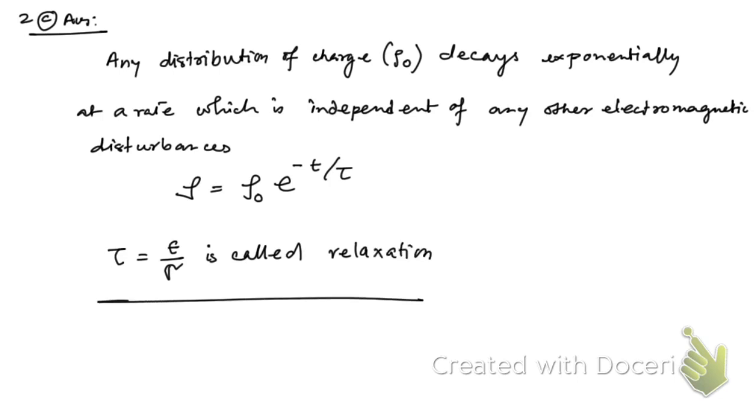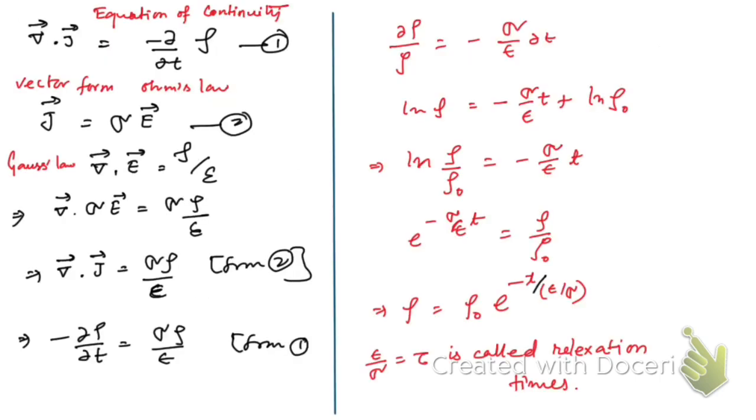Right, now let me explain it in detail. Here you can see, we know the equation of continuity, right? And the vector form of Ohm's law is this one, right? And Gauss law in dielectric, so this is the Gauss law. In case of free space, we used to write epsilon naught instead of epsilon, right?